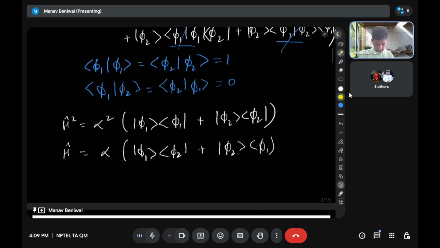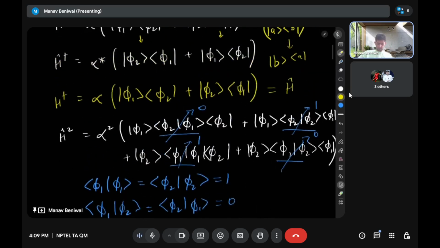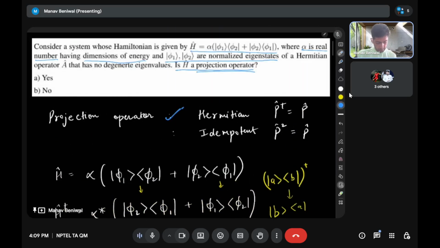So clearly h squared is not equal to h, right, which means that the idempotency condition is not satisfied. Therefore h is not a projection operator. So the answer is B, no.